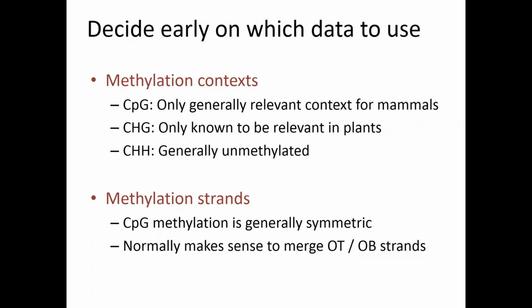And the way that the cell propagates methylation from cell cycle to cell cycle is by copying the methylated strand onto the unmethylated strand. And that only works when you've got something to copy it to. So if you have a cytosine in CG context, there's another cytosine opposite the G on the other strand, so that methylation can be copied and maintained. In other contexts, the methylation gets lost after cell division.